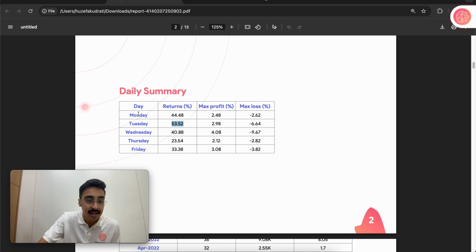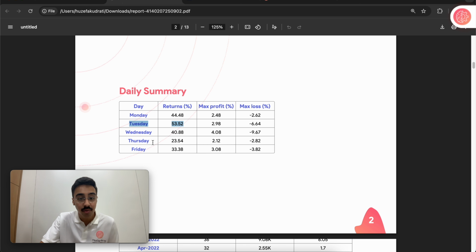So now I can see that on Tuesdays my strategy has basically given me the best performance. So in order to further optimize this strategy, on Tuesdays maybe I would let my strategy have a larger target profit, or let's say a larger stop loss as well, because it is giving me that much extra return on a Tuesday.